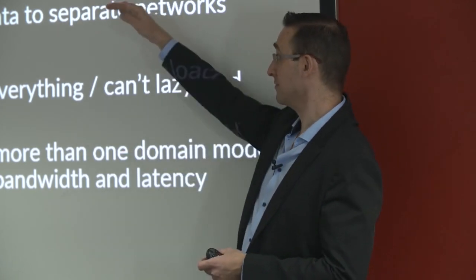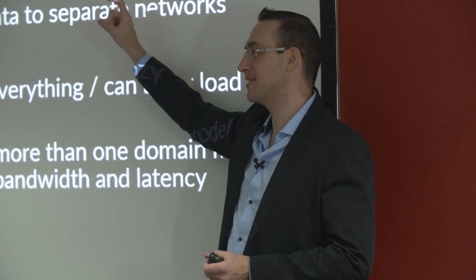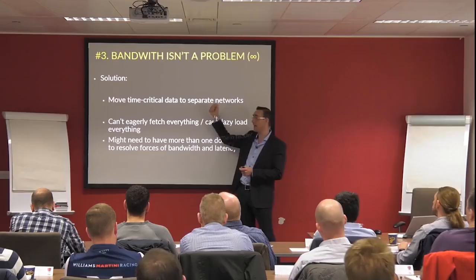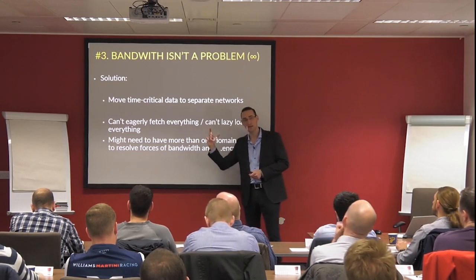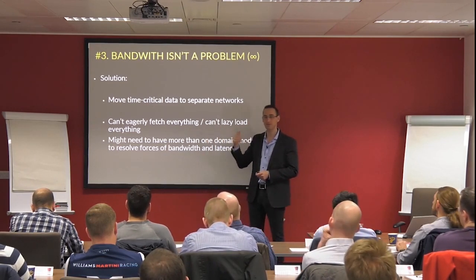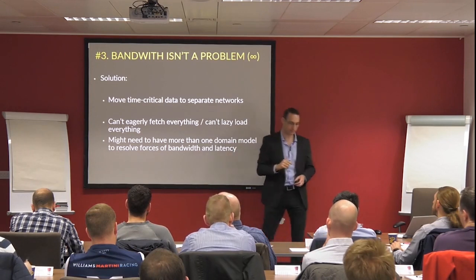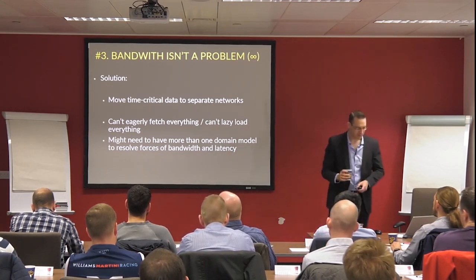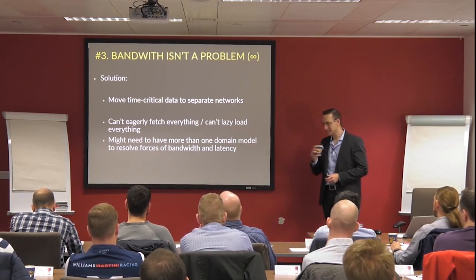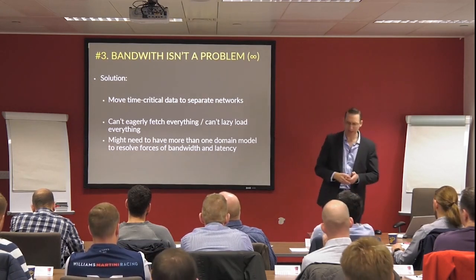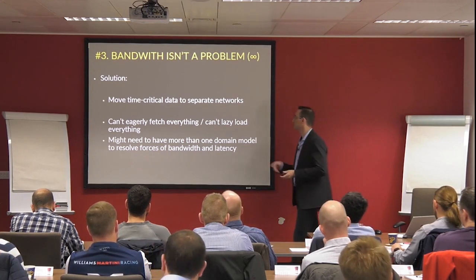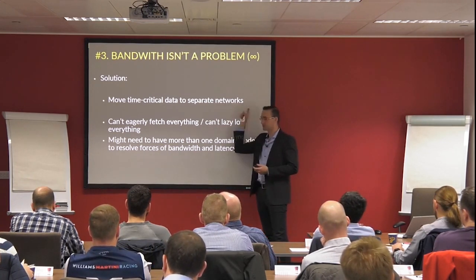But there's this other attribute that we can do already today, not a very big difference in terms of design, that can make a very big difference in terms of the bandwidth and the performance of our system. So, talking about time-critical data in separate networks. The thing about networks, notice the plural here.